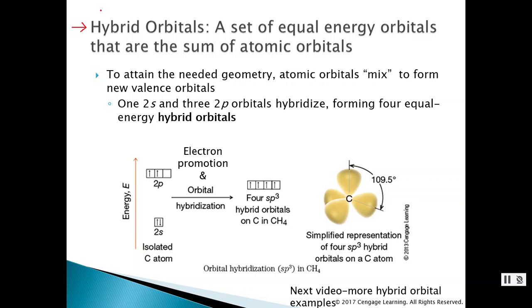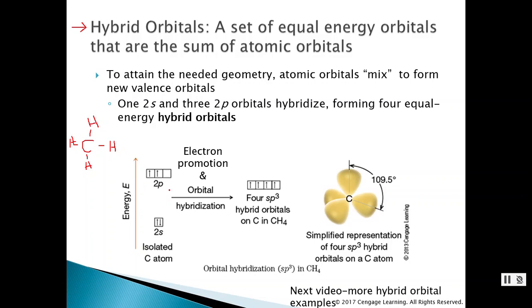Those hybrid orbitals are a set of orbitals that have in between energy from the atomic orbitals that they are comprised of. So for example, let's go back to methane, CH4. We said that for CH4, there should be four bonds attached to carbon. And as we saw in the previous slide, how can we explain that?